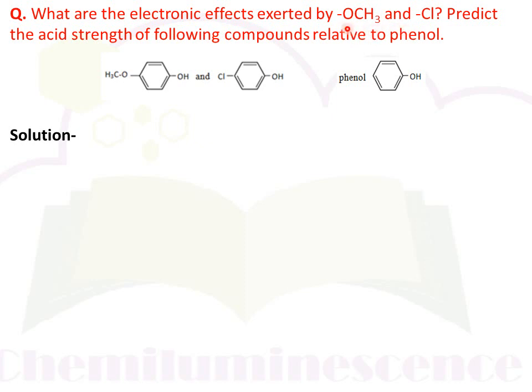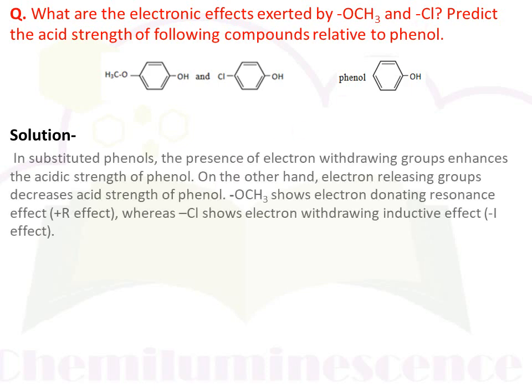The methoxy group is an electron donating group, hence it shows an electron donating inductive effect, that is the +I effect, and chlorine is an electronegative atom, hence it shows an electron withdrawing inductive effect, that is the -I effect. In substituted phenols, an electron withdrawing group increases the acidic strength of phenol, while an electron donating group decreases the acidic strength of phenol.